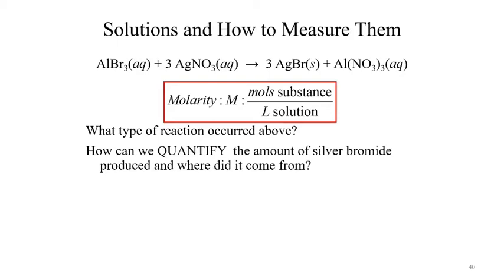Okay? And we have a concentration, and that concentration is defined as moles of a substance per liter of solution. That substance can be a solid, liquid, gas. Okay? So moles of any substance dissolved in a solution. It is most commonly water when we're talking about Gen Chem because we want to minimize your toxic exposures. Okay? But it could be any real liquid.